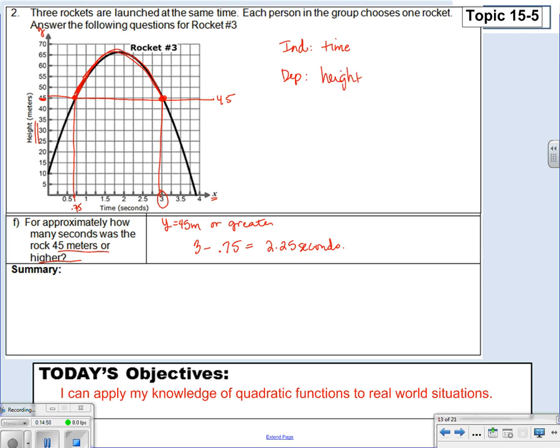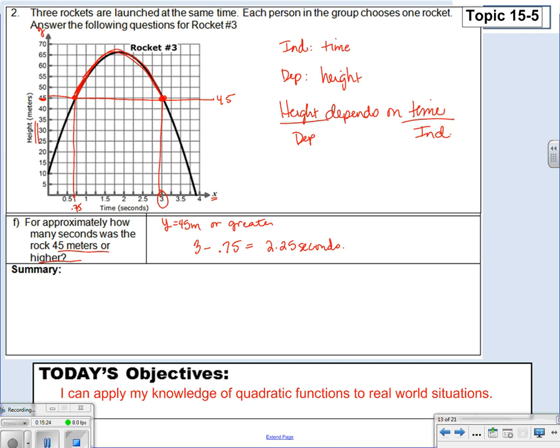We know that the height depends on the time, because we have often said our dependent depends on the independent. So how high our rocket is depends on how much time has elapsed since it was initially launched.